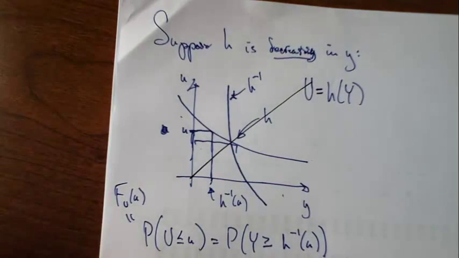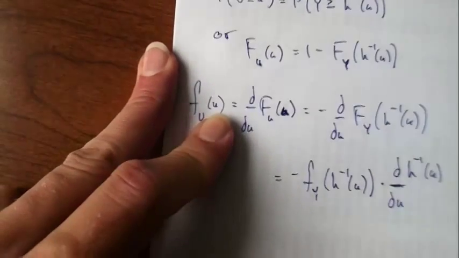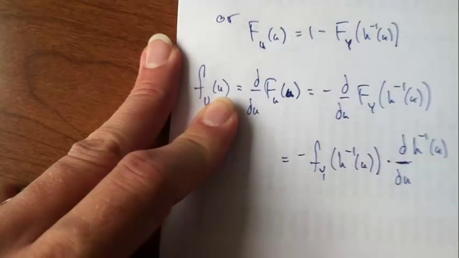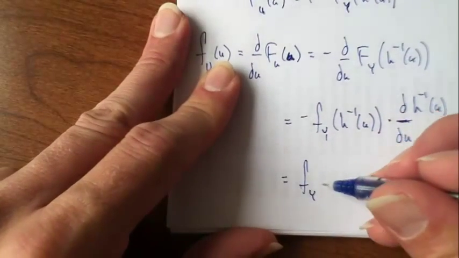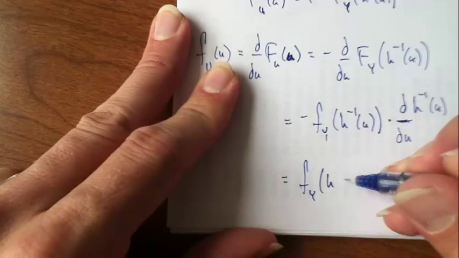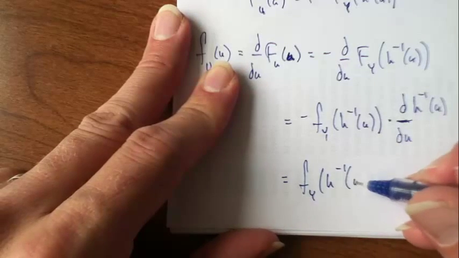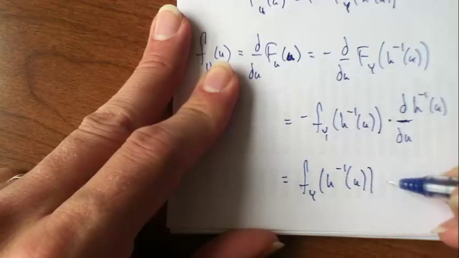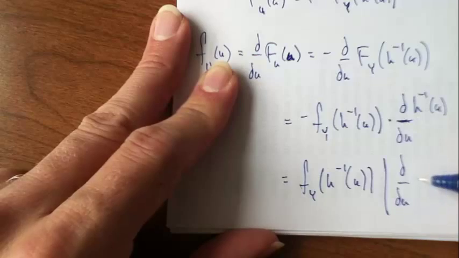So this derivative is actually going to be negative. So I can in fact say that this is just the density function for y evaluated at h inverse of u times, we just say it like this, the absolute value of the derivative with respect to u of h inverse of u.